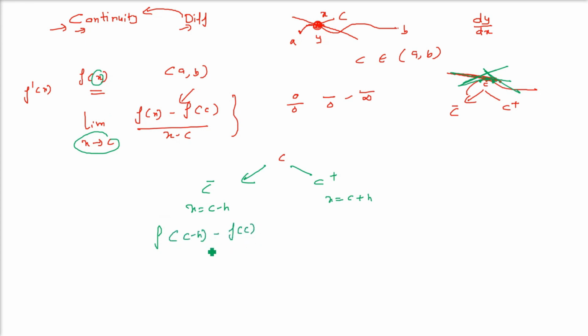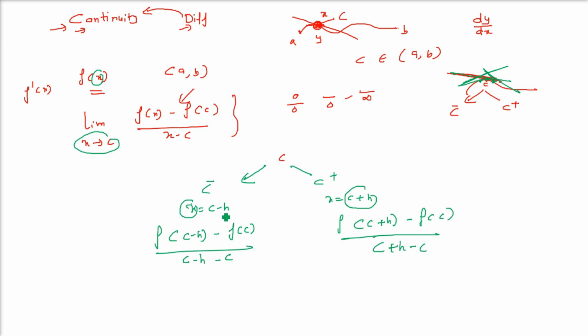So for the left side, f(c minus h) minus f(c) divided by, in place of x, write c minus h minus c. That is, we are replacing x by c minus h. Here we are replacing x by c plus h, so f(c plus h) minus f(c) divided by (c plus h minus c). As we indicated in the previous definition, the limit was x tends to c.